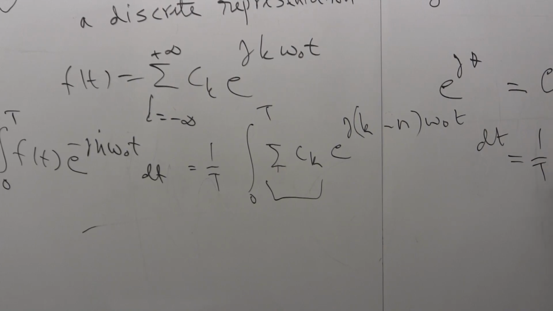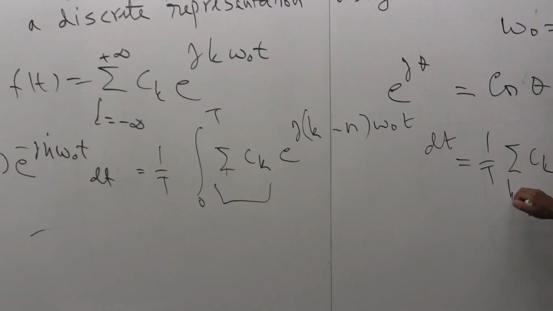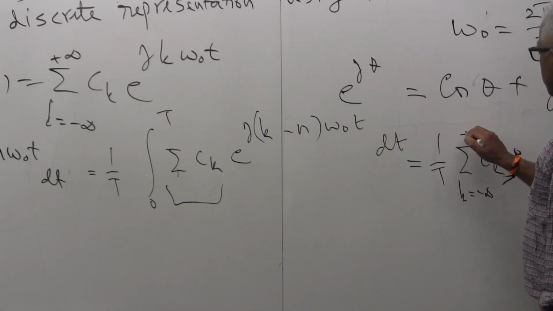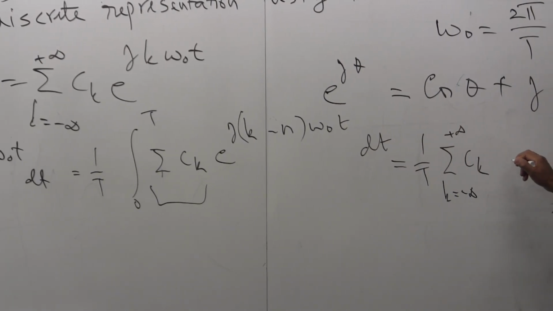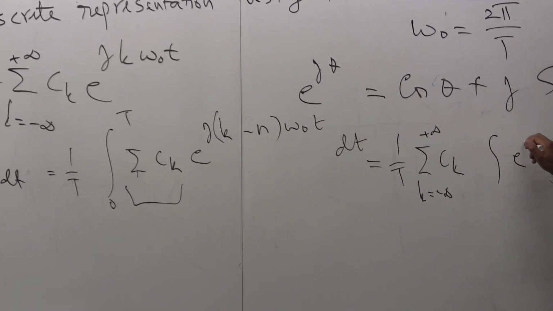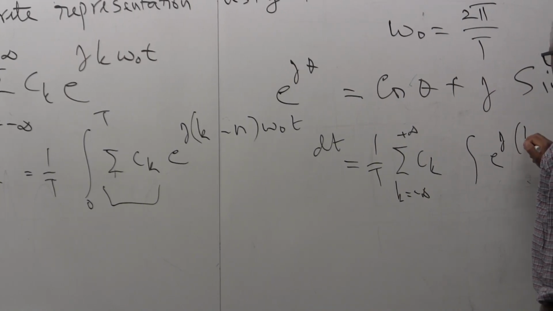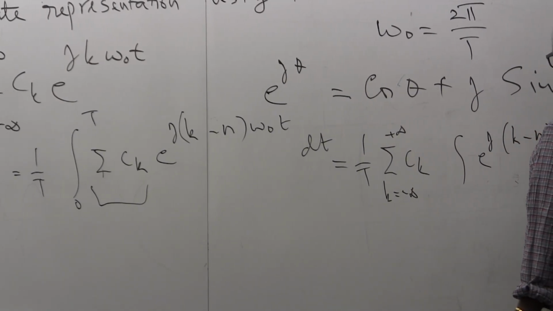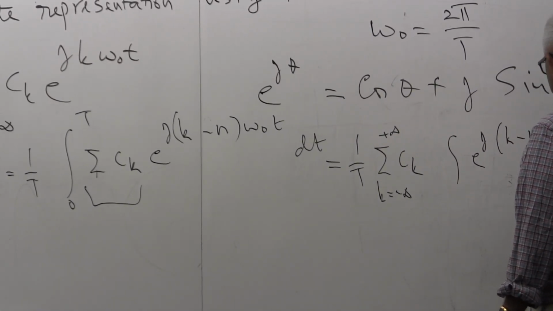Initially I will do a few things in detail. k goes from minus infinity to plus infinity, and the integral of e raised to j (k minus n) omega naught t dt.